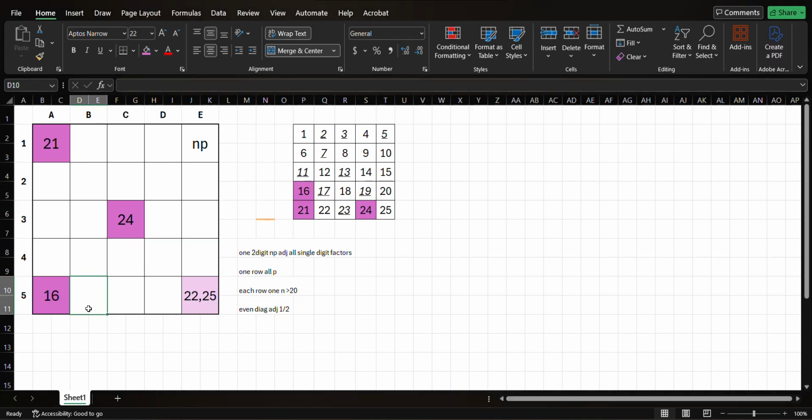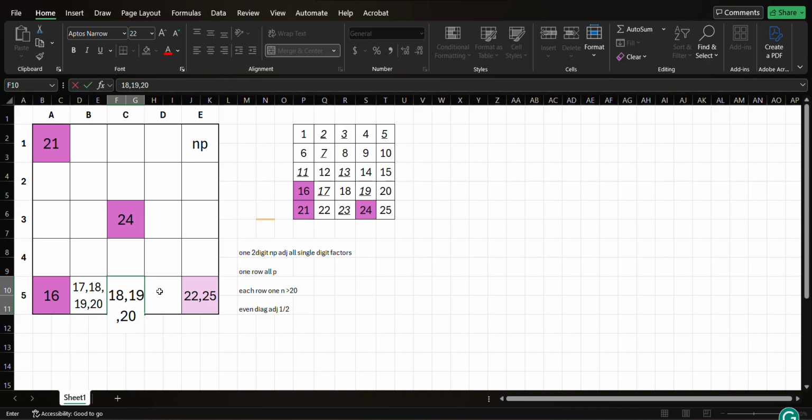So this number needs to be bigger than 16, so it could be 17, or it could be 18, 19, we'll just write them. 19, but then we can't actually go any bigger than 19, because, oh no, we can have 20, actually. But then in this row, we can't go any bigger because we can only have 1 number that's in this bottom, the highest numbers. So we could have 17 there, then we could have maybe 18 or 19 or 20 there. And then we've got to get bigger, 17, 18, then we've got 19 or 20.